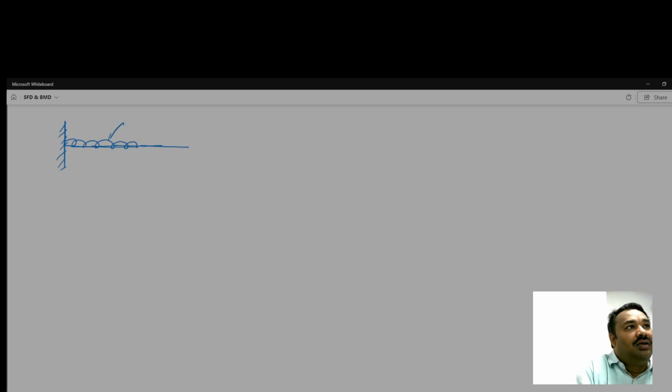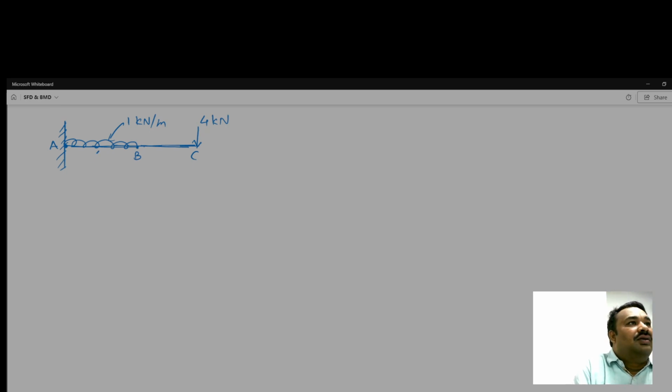This is the UDL of 1 kilonewton per meter, and at the end C there is a load of 4 kilonewton, and this fixed beam, the end is suppose A, and here we are giving the point B here.